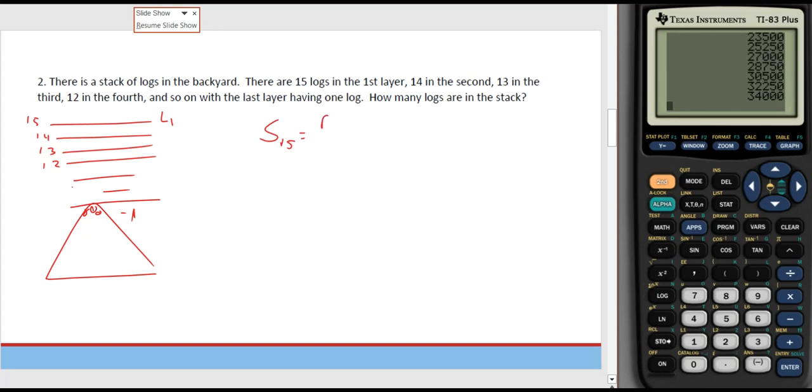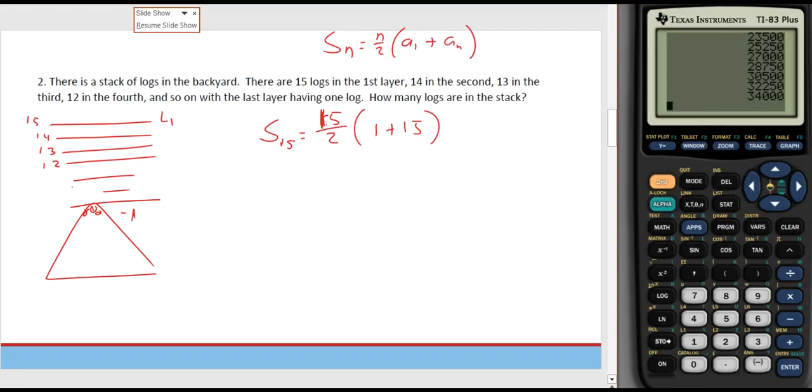So this would be 15 over 2 times 1 plus 15, because there's 1 log in the top row and 15 logs in the bottom row. So that summation formula, n over 2 times a1 plus an.